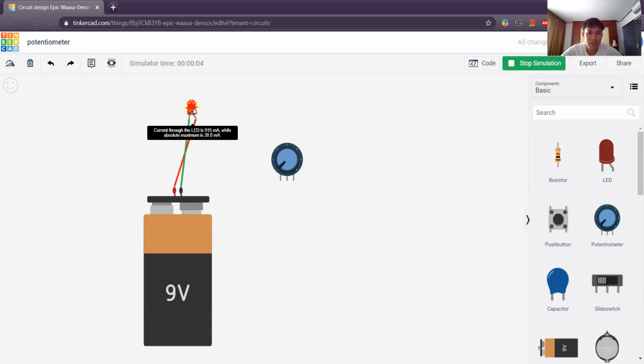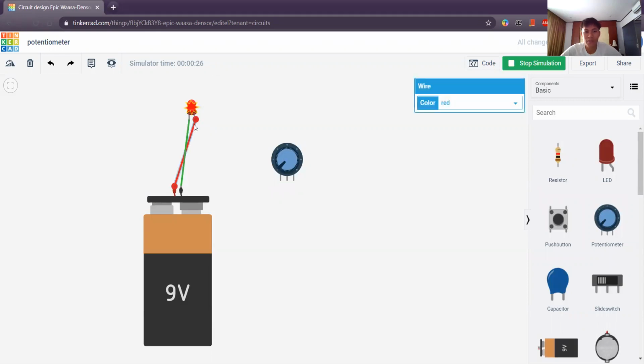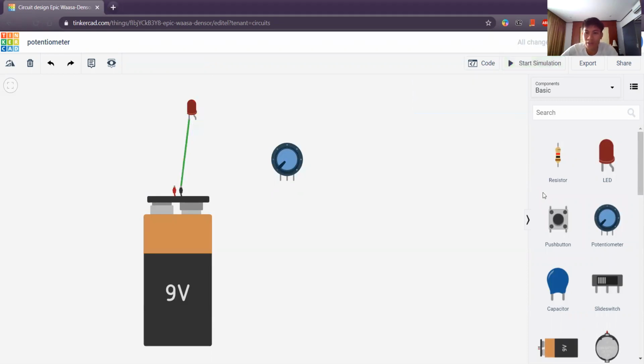It says here the current to the LED is 915 milliamps, while the absolute maximum is 20 milliamps. Which means that if we simulate this and keep it running for a certain amount of time, this LED would burn out. So here we need a resistor to resist the flow of the current.